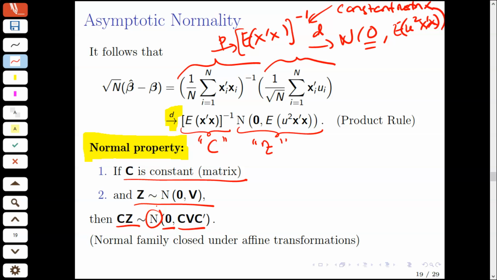That is to say that if we take a linear transformation of a normal random variable, then we get a normal random variable back.